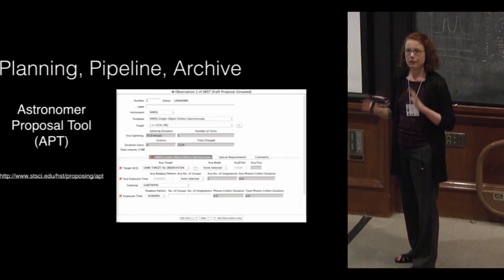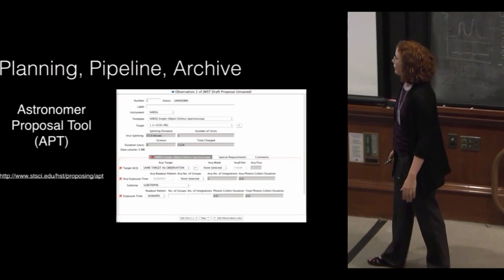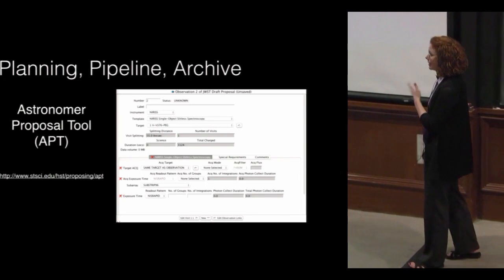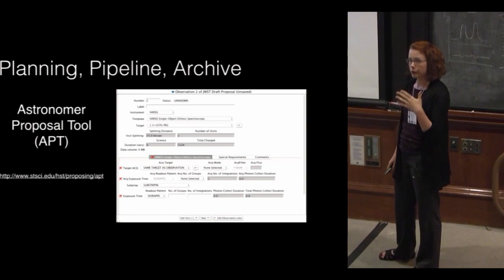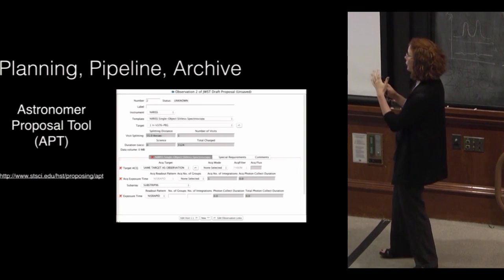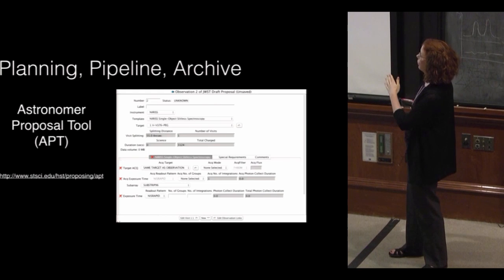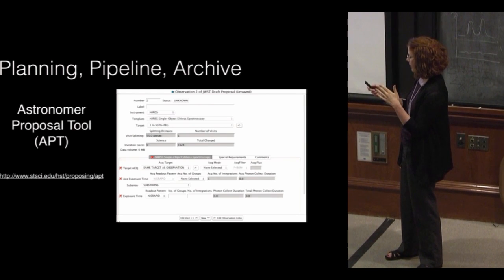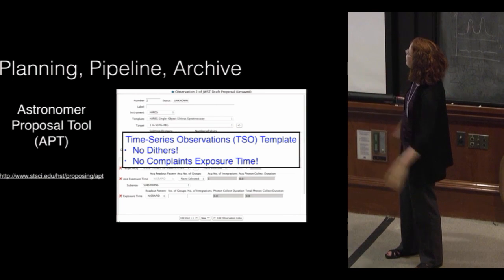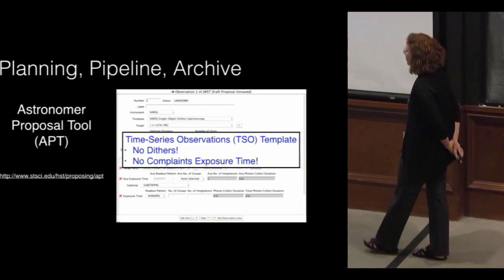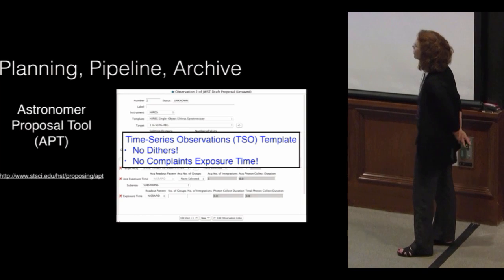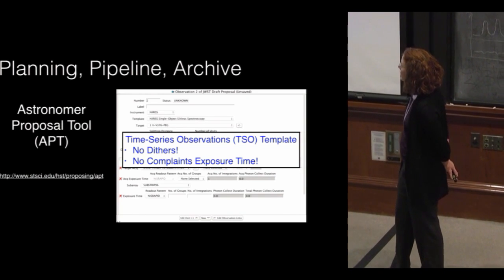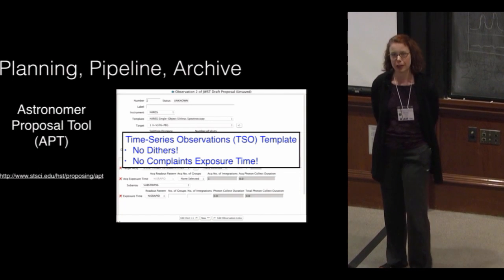When the data get delivered, they'll be flagged as time series observations, and that's how they'll travel down the pipeline, and that's how they'll be flagged and delivered to the archive. So for the first time, you're going to have your data processed in a way that's relevant for time series data. And one of the ways that we've done that is that in the Astronomer's Proposal Tool, there are templates for time series observations, and they automatically do not have dithers, and they don't complain about the exposure time.